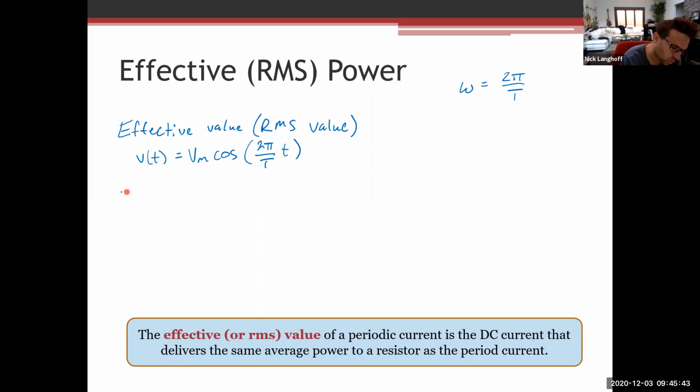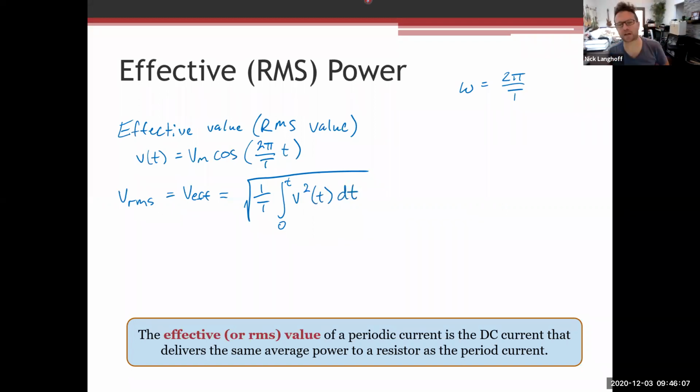And what we can write is VRMS, or what is sometimes written as V effective, is equal to the square root of 1 over T times the integral from 0 to T of the square of the signal dt.